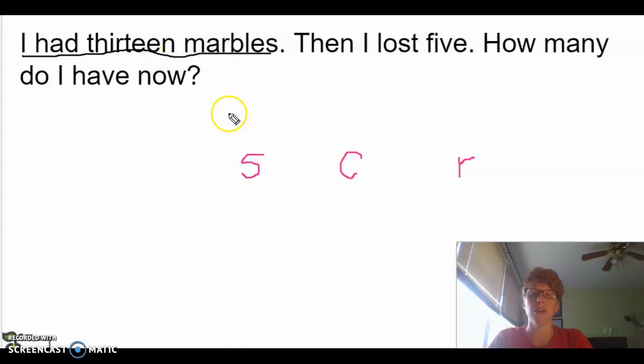So we're starting with 13. Then I lost 5. When you lose something, what happens to your amount? Does it get smaller or larger? It gets smaller. So I am subtracting how many? 5. And they want to know how many do I have now?